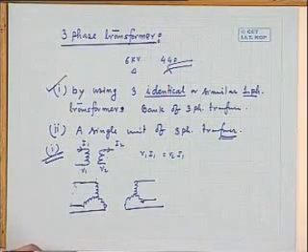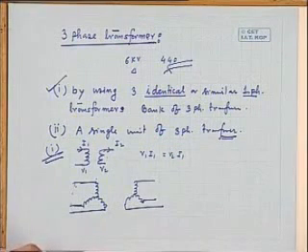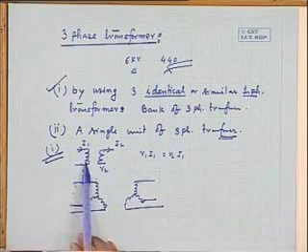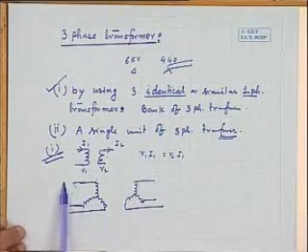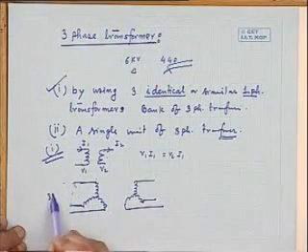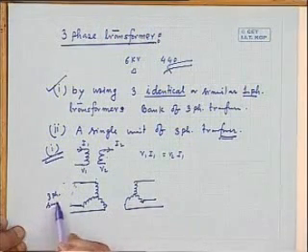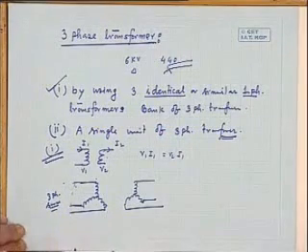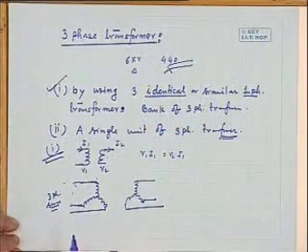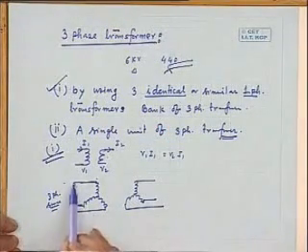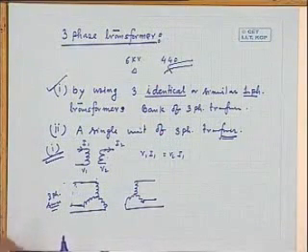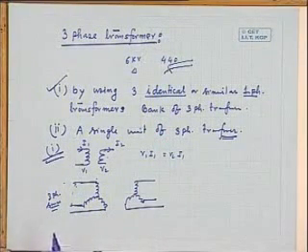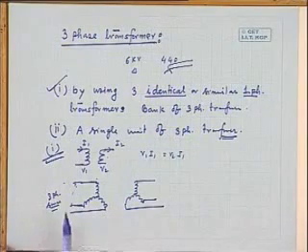Are you getting the problem? Three single-phase transformers are identical. V1, V2 is the voltage rating of each of the windings of those transformers. I have connected these V1 sides of all the windings in star, and I want to energize from a three-phase source. You tell me what should be the line to line voltage to be applied to this side.